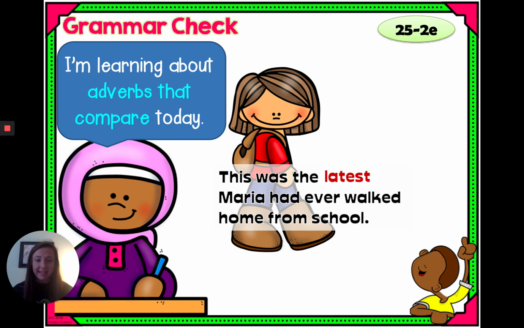We add est. Notice it's not spelled lateest. That adverb ended in an E, so we dropped the E and added est. This was the latest Maria had ever walked home from school. It would not make sense to say this was the later Maria had ever walked home from school. So make sure you are rereading your sentences over to check your thinking.